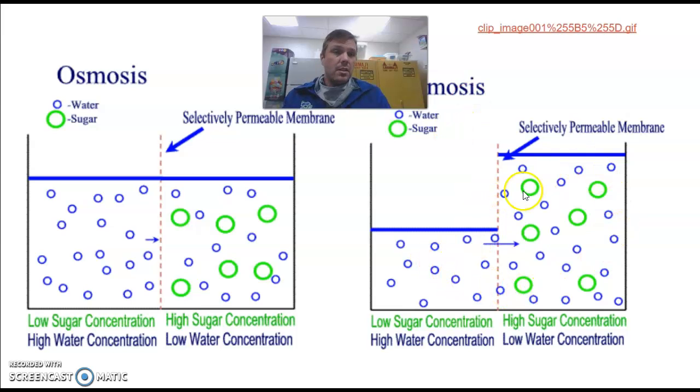And that's going to dilute this as far as it possibly can, until it gets to a point where both sides are in equilibrium, which would never happen in this case because we can't dilute this side as much as this side is diluted because this is pure water. So water will keep moving over to that side until there's no water on this side. And that's how osmosis will work in this case.